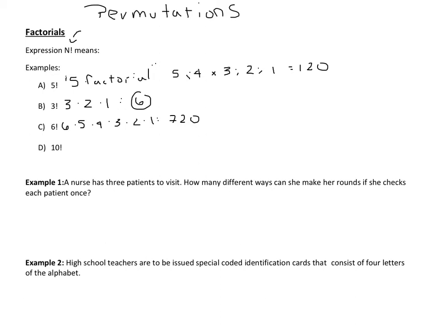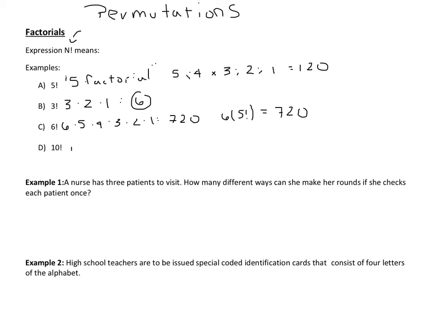You also could do actually 6 times 5 factorial, because remember, the commutative property says that if we're multiplying things, it doesn't matter what order we multiply them in. So we could also just say that if you're doing 6 times 5 times 4 times 3 times 2 times 1, which is the same as 6 times 5 times 4 times 3 times 2 times 1. Okay, 6 times 5 factorial is still going to give you 720.